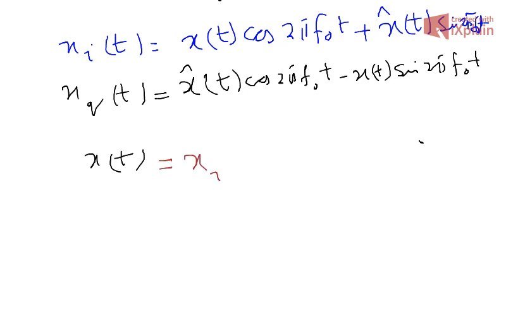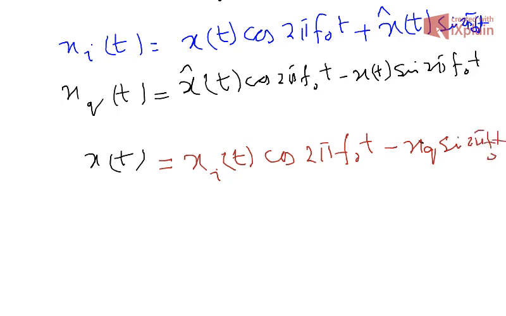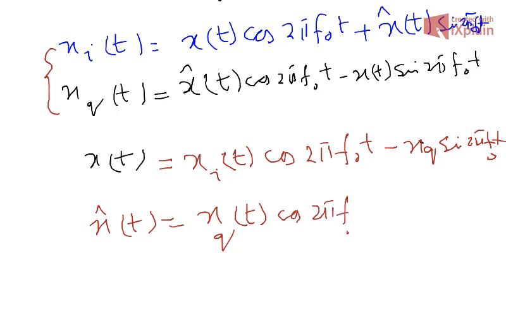This is X I of t cos of 2 pi f naught t minus X q of t sine of 2 pi f naught t, and for x hat, the Hilbert transform, if you solve these two equations for x of t, you would get this, and if you solve it for x hat of t, you get X q of t cos of 2 pi f naught t plus X I of t sine of 2 pi f naught t.